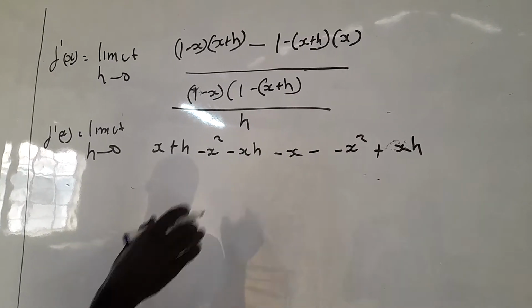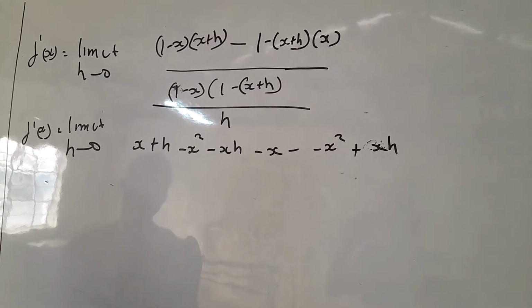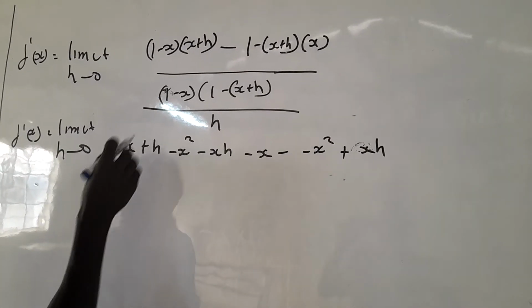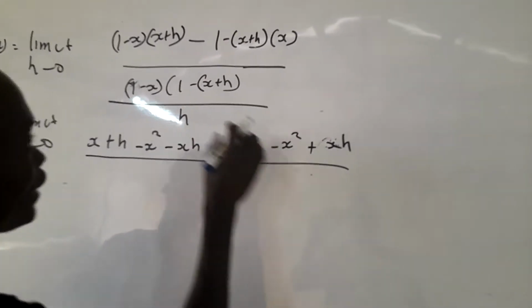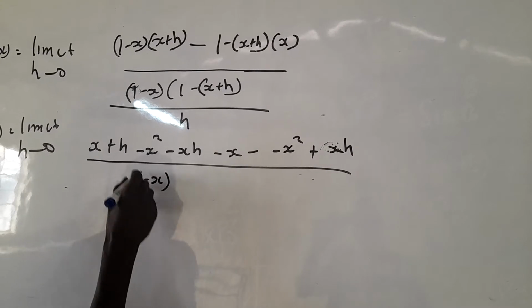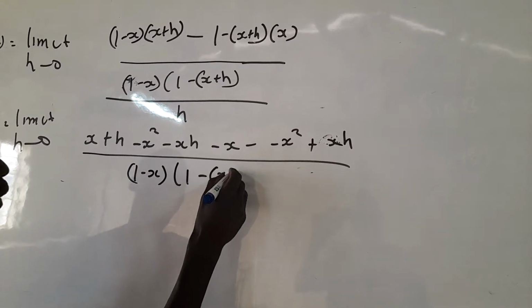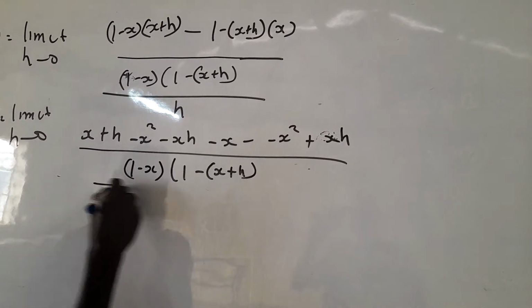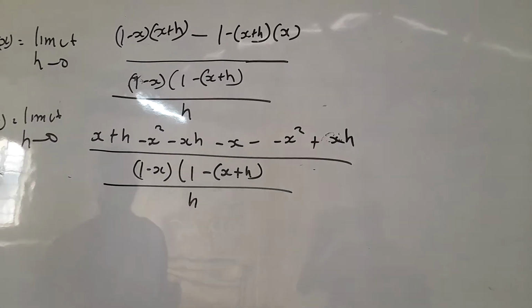Then, from there, now we have this, everything all over the LCM, which is 1 minus x into 1 minus x plus h, everything all over h still.